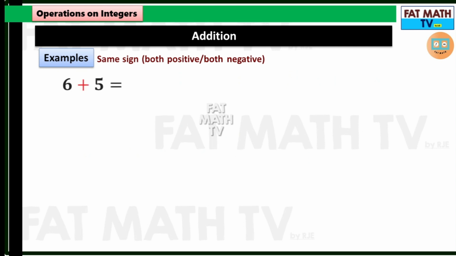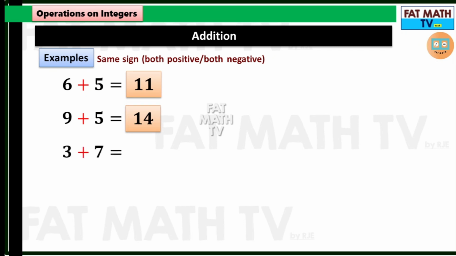Let's have the following examples. 6 plus 5. These two are both positive, so 6 plus 5 is 11, and both of them are positive, so the answer is also positive. Next, 9 plus 5. Both are positive, so 9 plus 5 is 14, and then 14 should also be positive. 3 plus 7.